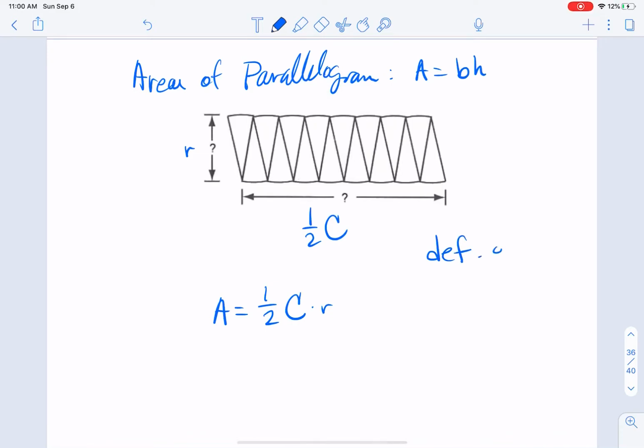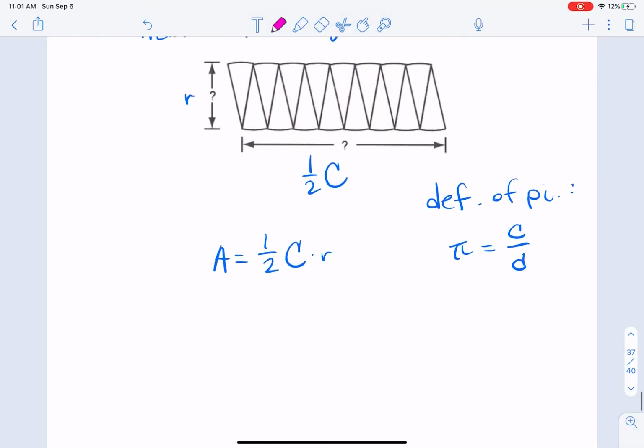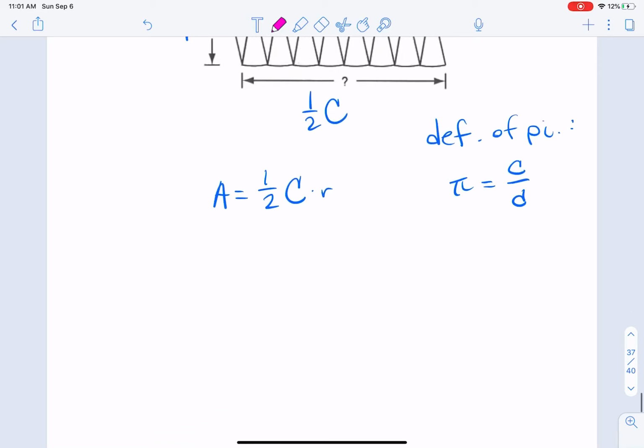The definition of pi is the ratio of the circumference of a circle to its diameter. So pi is defined to be circumference divided by diameter. Now I'm just going to rearrange some of the pieces here. It's a literal equation, basically. I'm going to take my circumference formula and multiply both sides by d.